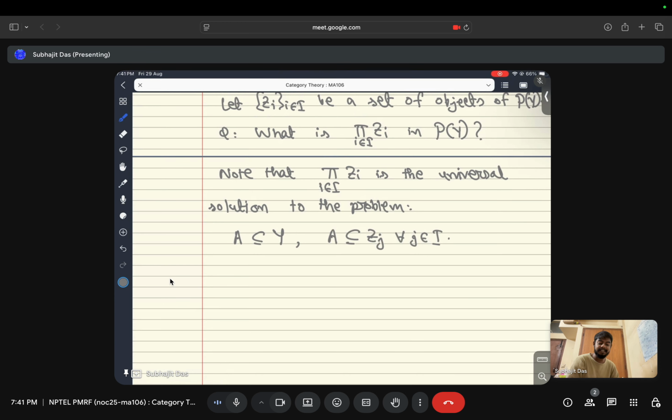So the product ∏ Zi is a universal solution, which means that every arbitrary solution factors uniquely through this. Uniqueness need not be checked because this is a thin category, so it's automatic. What do I mean by an arbitrary solution A factoring into the product? This exactly means that A is contained in the product. That's all.